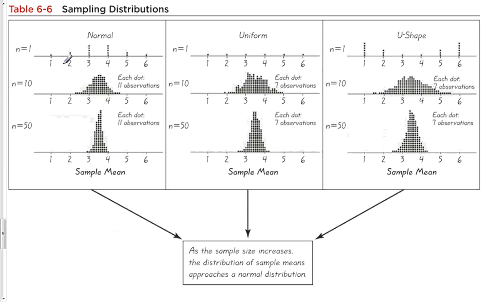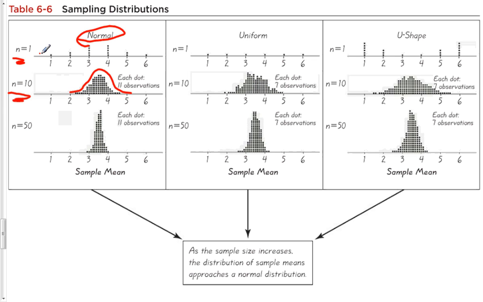Now, this is what we're talking about here: sampling distributions. If we take samples of size 1 from a population that is already normally distributed, this is what the dot plot would look like. Now, if we instead take samples of size n and calculate the sample means and make a dot plot from those observations, it will look like this, which looks more bell-shaped.